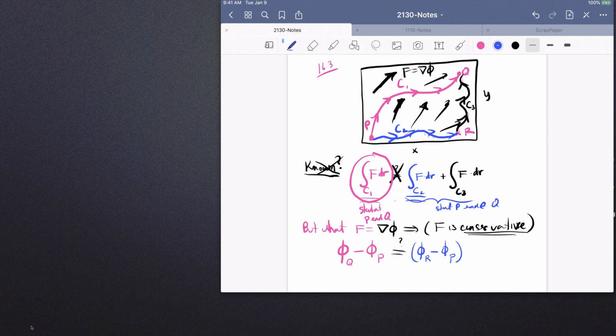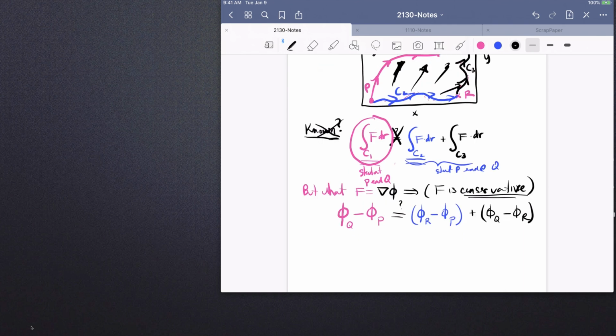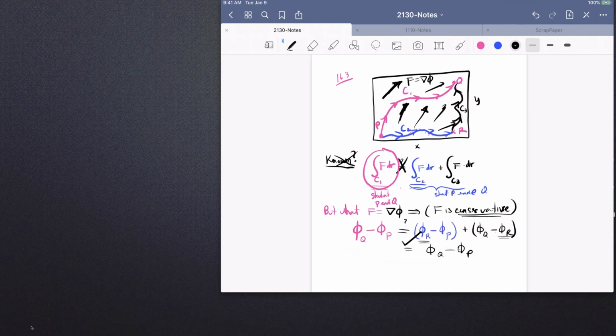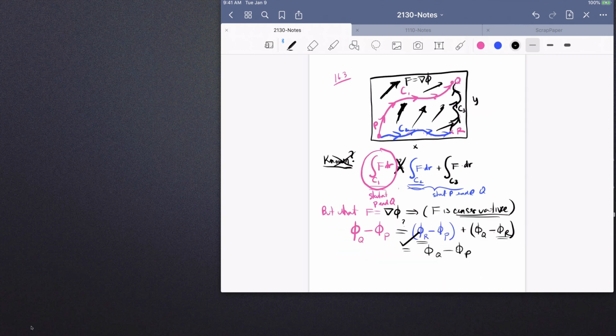Now, if we bring on that third integral, along the path C3, we will have the potential function at the point Q minus the potential at the point R. We can see here that the potential functions at R cancel each other out because of the plus and minus sign, and then we get the potential function at Q minus the potential function at P, which in fact is equal to the other side of the integral.